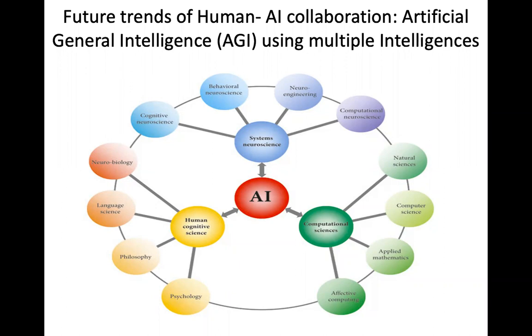So being an artificial intelligence expert, you must be expert. Or if you're developing a search engine using artificial intelligence technique, then you must take into consideration these different scientists together, working in coordination to get some fruitful result.